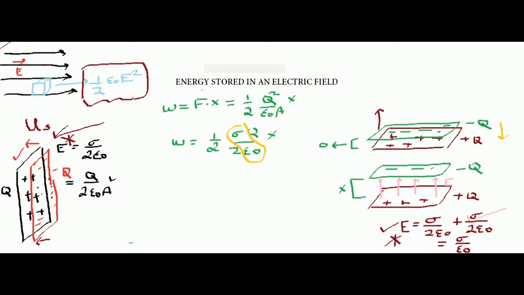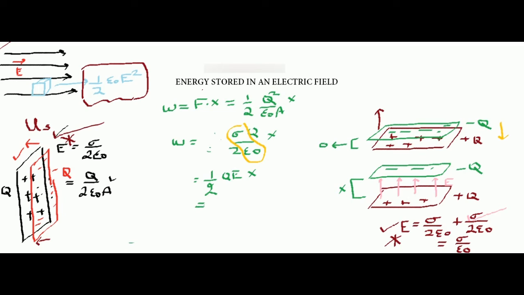So I can write my work done as half into q into E, where E is the electric field between the two sheets, into x.